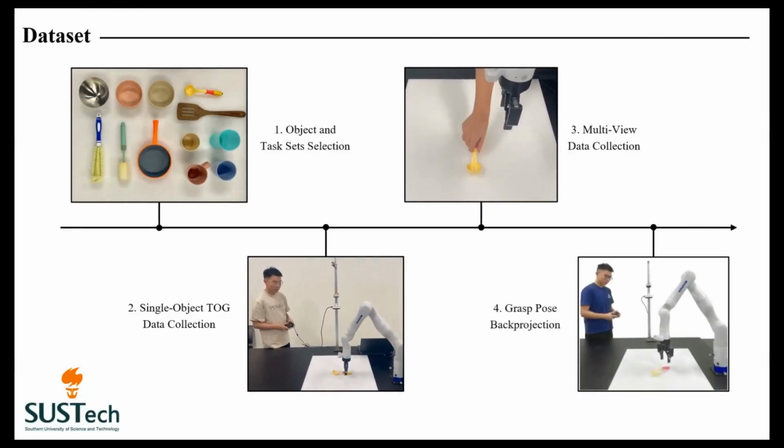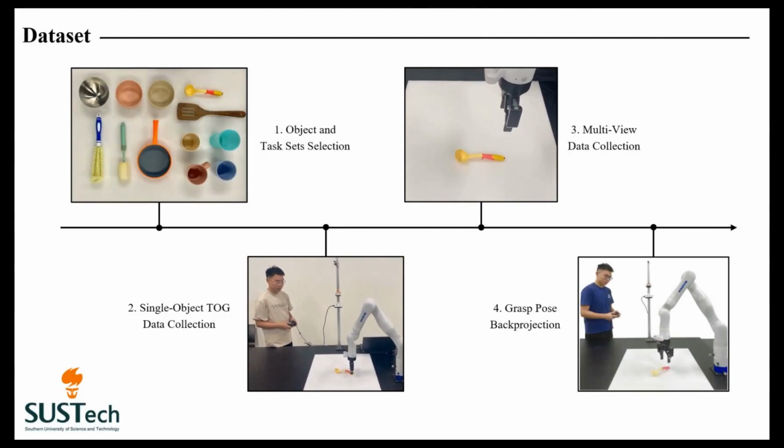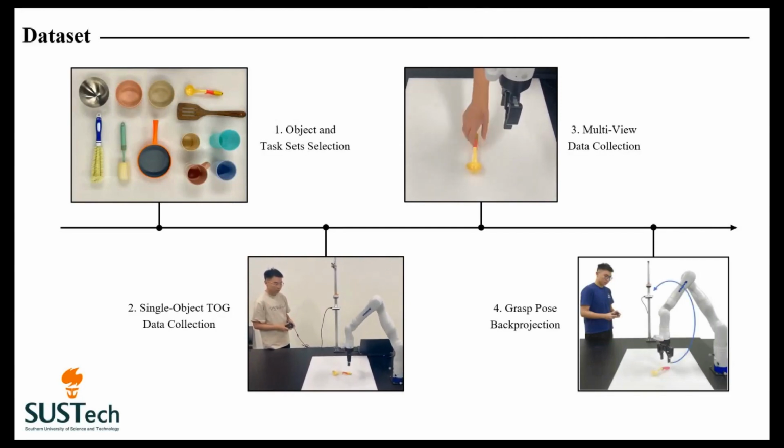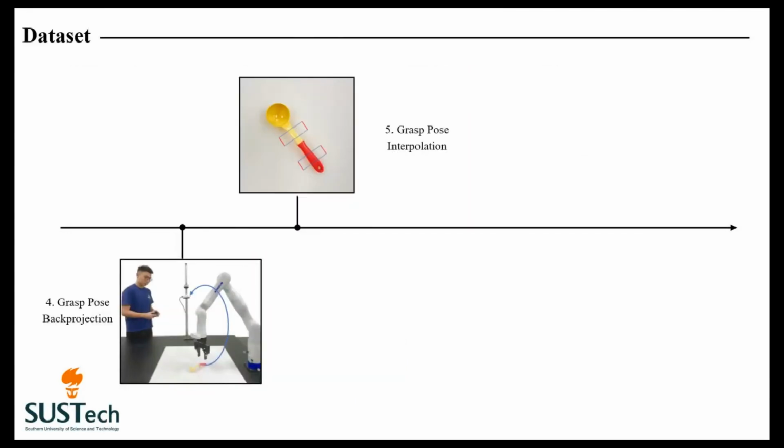Fourth, the collected grasp poses in the Cartesian space are back projected to the image space with an extrinsically calibrated camera. Single object mask is then segmented from the background. To densify sparse human annotations, we interpolate between two annotated samples for a designated task in the fifth step.